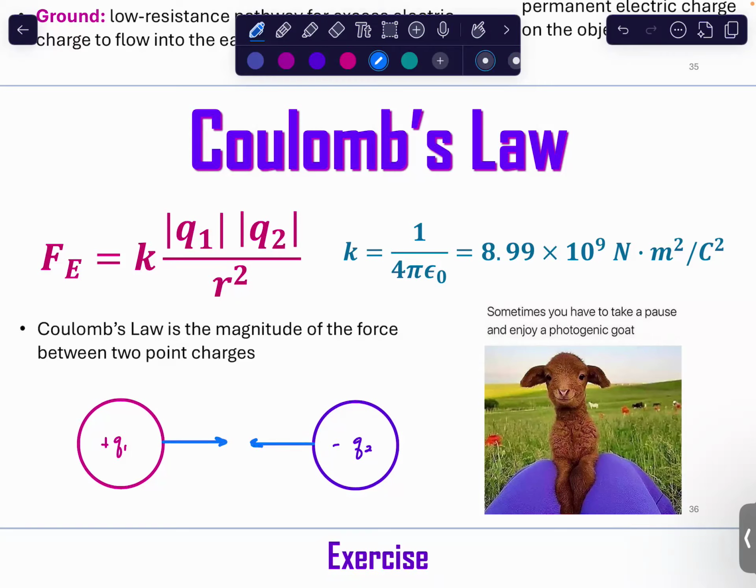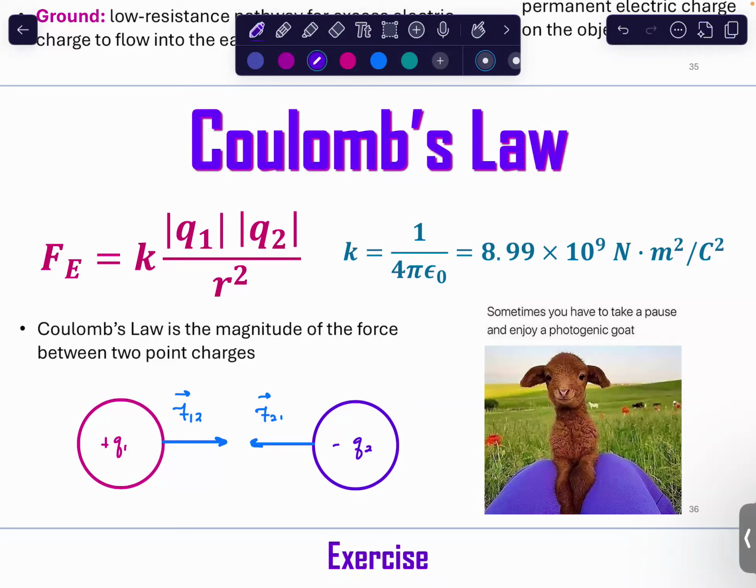So let's think again about how we write these. This force here is F12. This force here is F21. How do we read those? F12 is the force applied to charge 1 by charge 2. F21 is the force on charge 2 applied by charge 1.